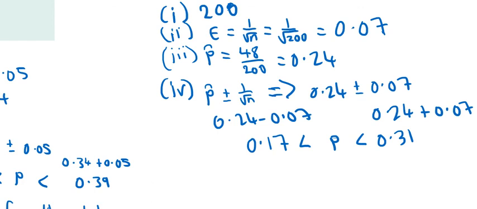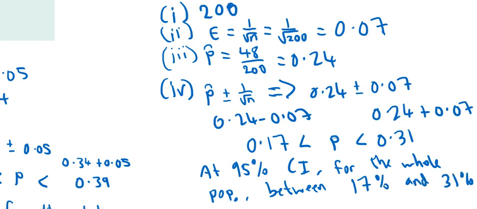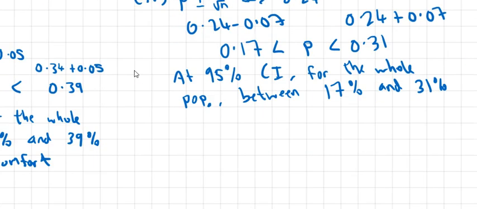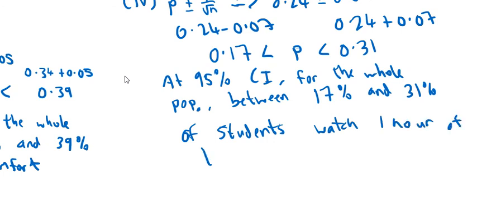So at a 95% confidence interval for the whole population, between 17% and 31% of students watch 1 hour of TV per day.